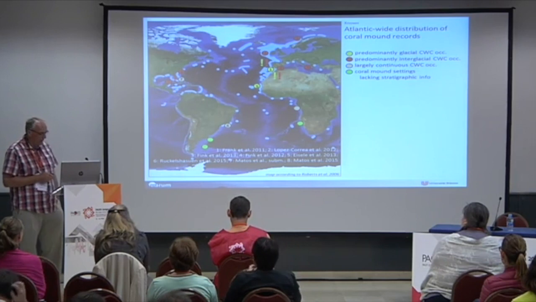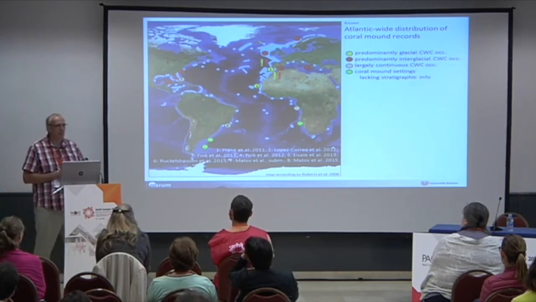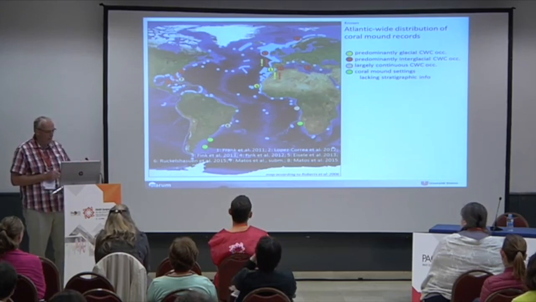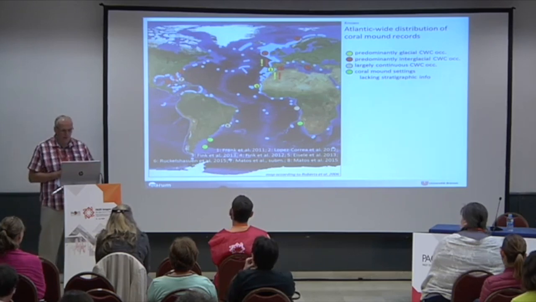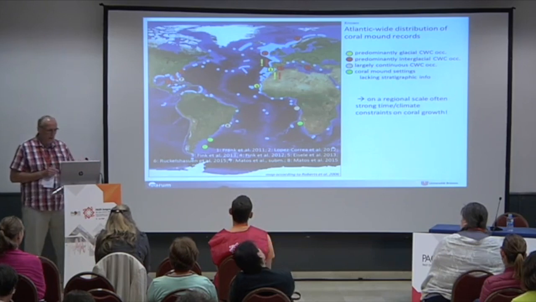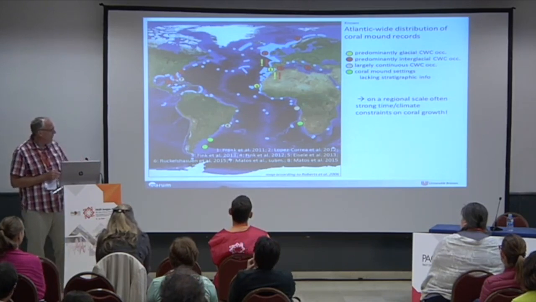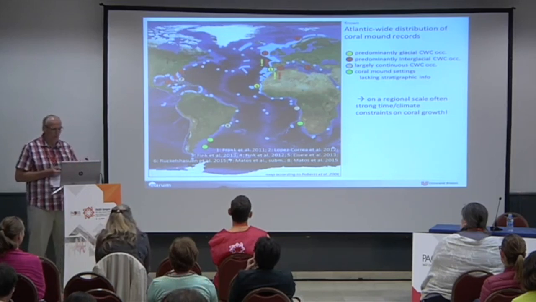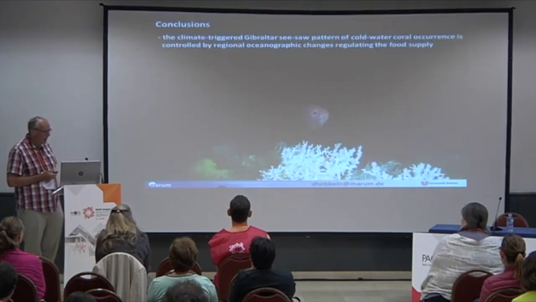Also here on the northwest Atlantic side, we at least know two sites where they appear to be limited to interglacial conditions. So well, we are still at the beginning learning about these coral mounds, but there's definitely a very interesting story in it. And we know at least that on a regional scale there is strong climate control on the coral development.